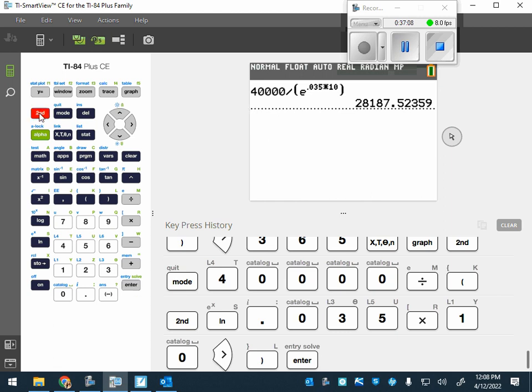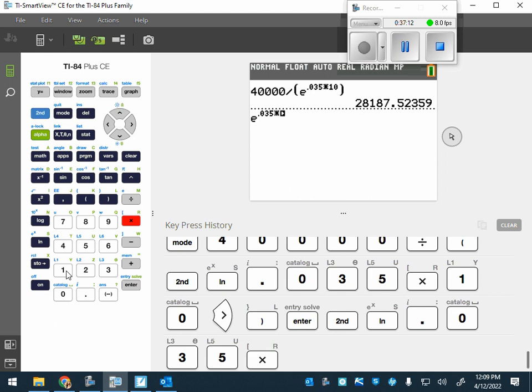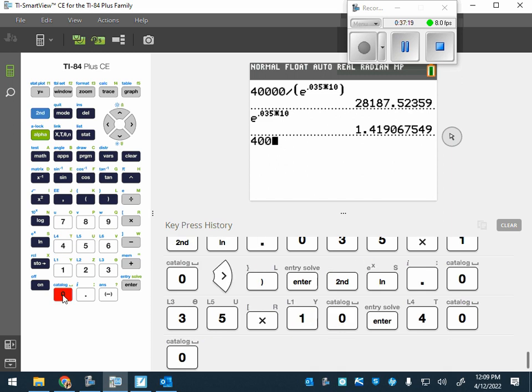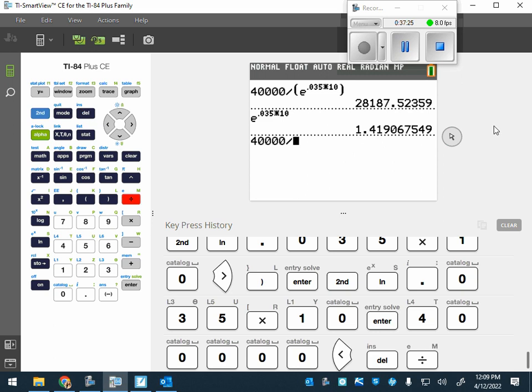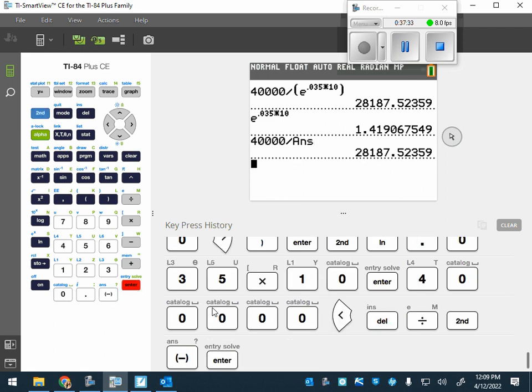Or if you wanted to do e, okay, you get this amount. In these calculators, which are very similar to mine that I have on here, you could literally copy and paste this answer by doing second negative sign, enter.